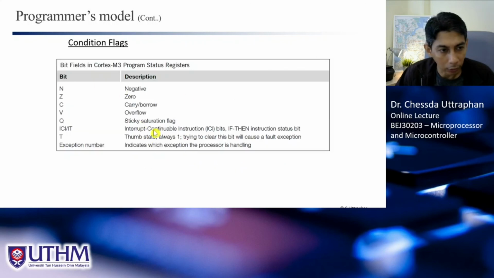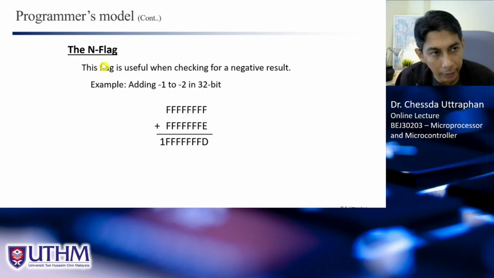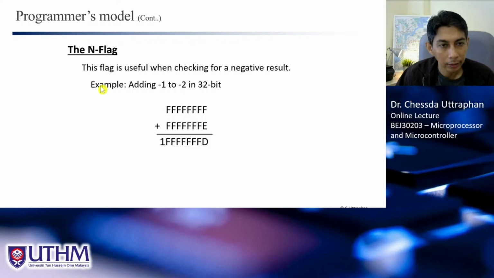All right, so these are the condition flags, as explained already in detail. Let's look at this example a little bit, to see how the N flag is generated or set to 1. For example, we add numbers in 32-bit. This is -1, this is -2. This is -1 in 32-bit, this is -2 in 32-bit, and when we add, we have this value.